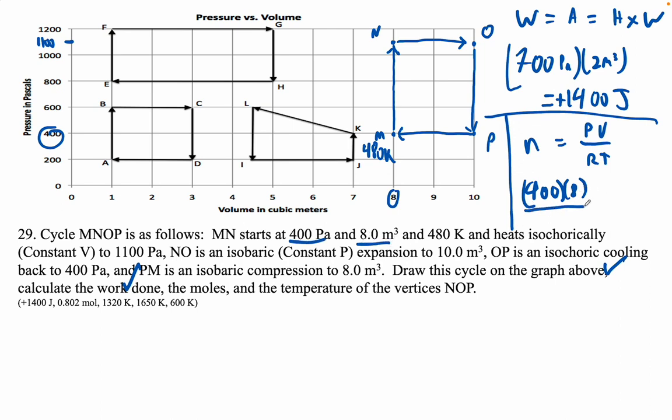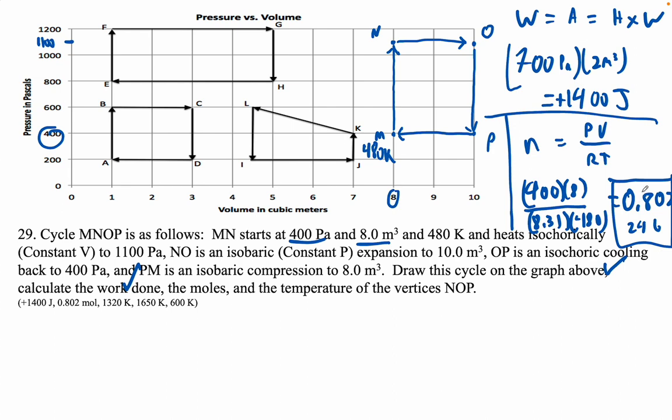And then R is still 8.31, and T is 480. Okay, I can do this. 400 times 8. You're asking a lot of me, by the way. Divided by 8.31, divided by 480. And I get that the number of moles is 0.80222246 or something like that, moles.